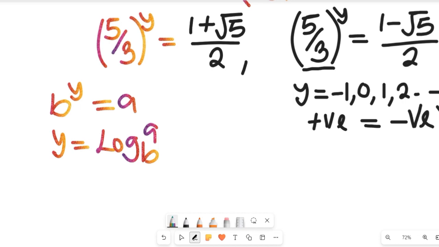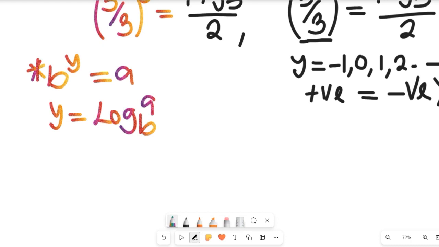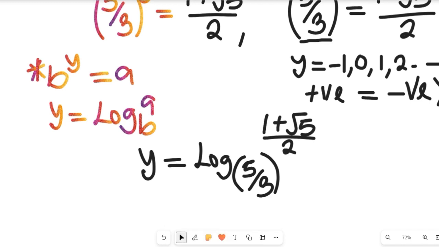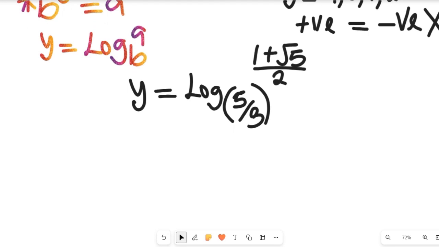Now, because this is an expression in the laws of logarithm, it means that the value of y can simply be equal to the log of 1 plus square root of 5 divided by 2, base 5 divided by 3.